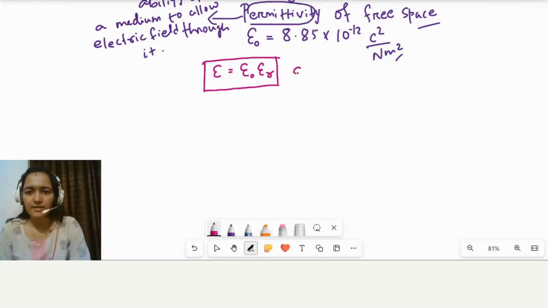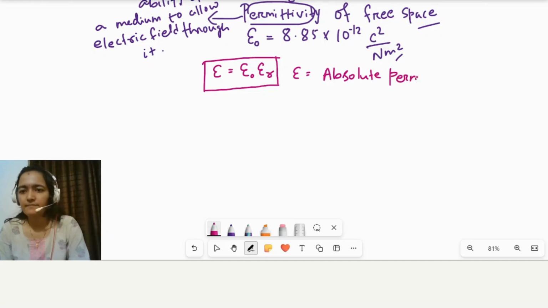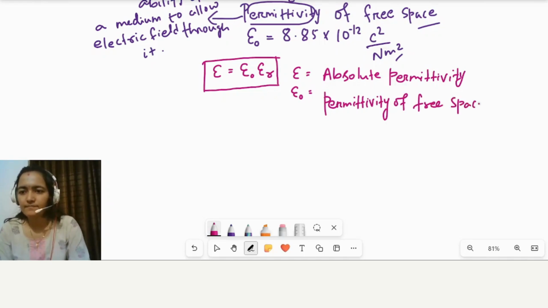Here epsilon is equal to absolute permittivity, epsilon naught is permittivity of free space, okay, and epsilon r is relative permittivity.